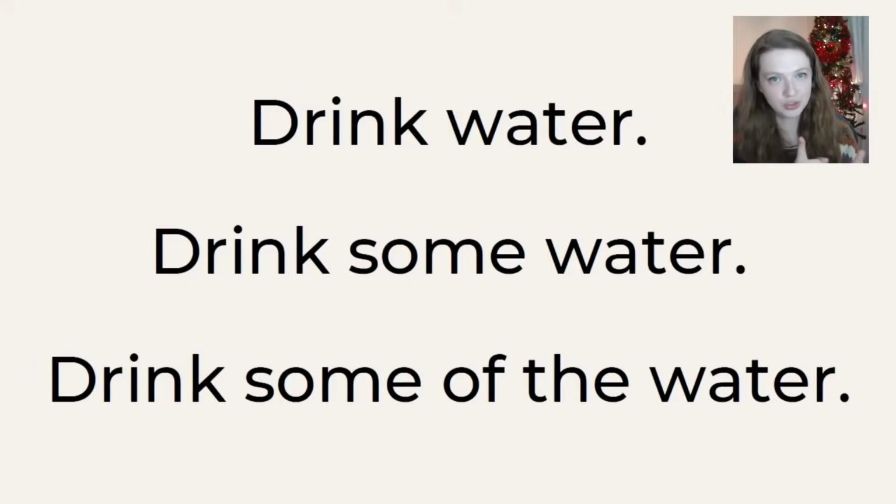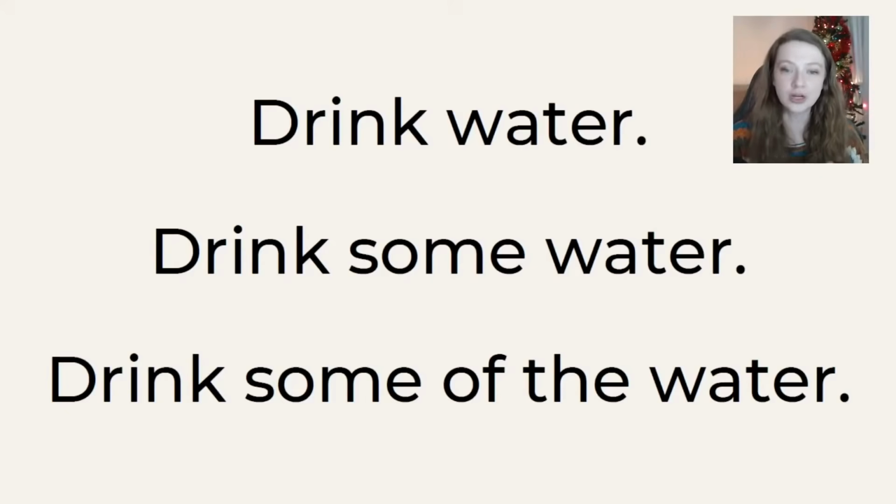So, notice something. I am not clapping on every single word in the second and third sentences. I clap on drink and water. Why is that? Because drink and water are important words. I'm going to talk more about which words are considered important and not important in a moment.